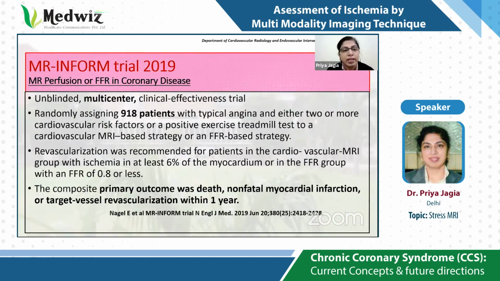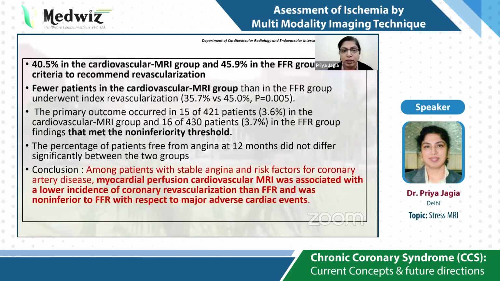In 2019, MR perfusion was compared with FFR. So there were 918 patients. This was again a multi-center trial. And the revascularization was recommended based on either the cardiac MR or FFR group. And the primary outcome which was looked at was death, non-fatal MI, or revascularization within 1 year.